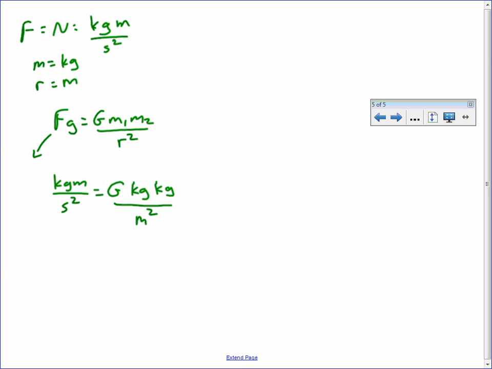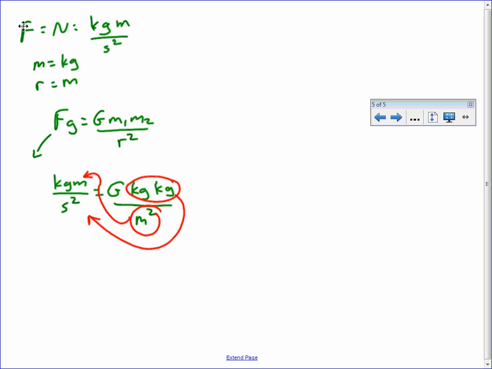So let's rearrange this equation and find out what the units of G actually are. To do that, we have to multiply both sides by meters squared, so that's going to end up on the top. And we have to divide by kilograms squared, so that's going to end up on the bottom.